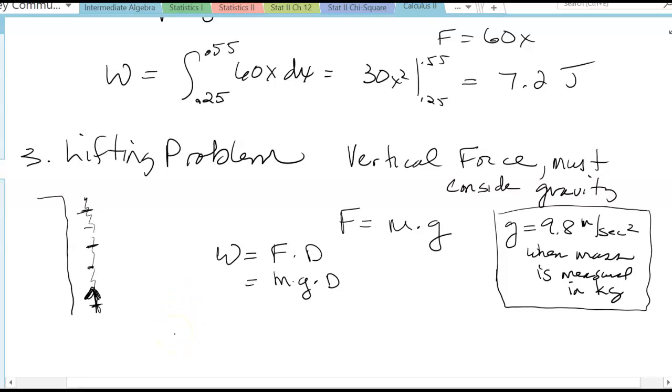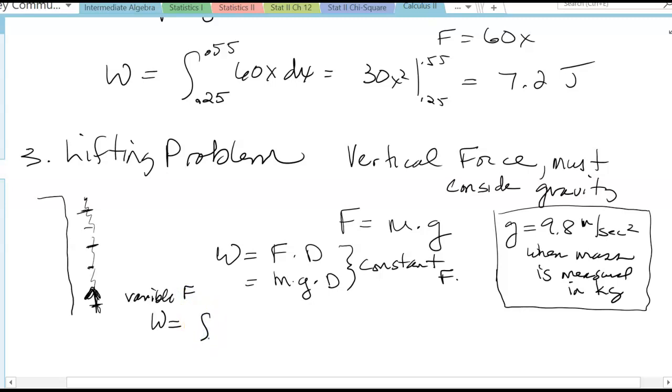Essentially, and bear with me on this one for a minute. Again, this is for constant force. For variable force, which is what we're working with, we need to use an integral. All right?